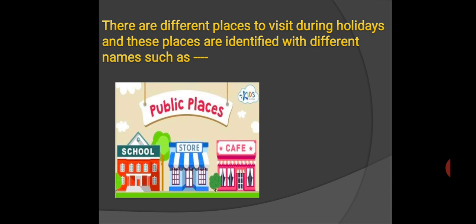For example, when there is a vacation period, your parents prefer to take you out for outings. There are different places to visit during holidays, and these places are identified with different names. In the picture, there is one picture known as public places.